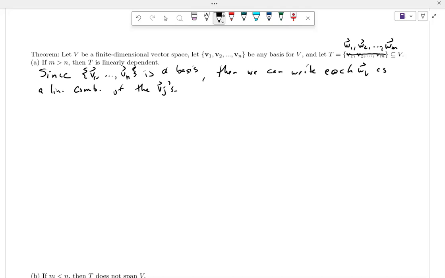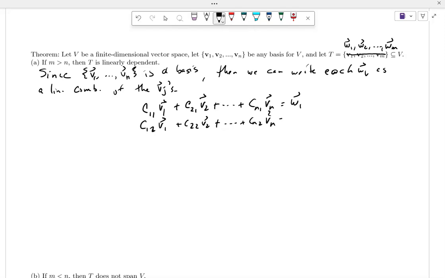So what we mean by that is that I could do a C11 V1 plus a C12 V2 plus a C1n Vn equals W1. Do the same thing for W2, all the way down to Wm.